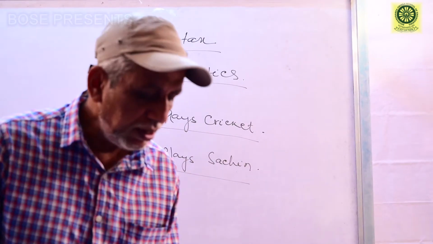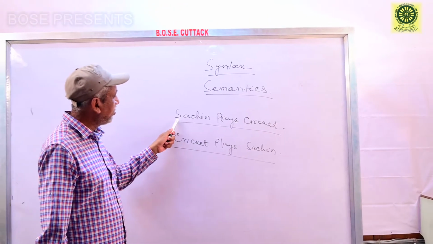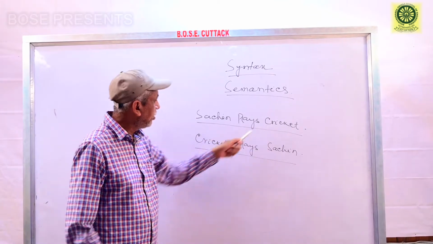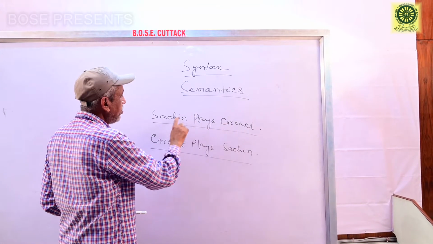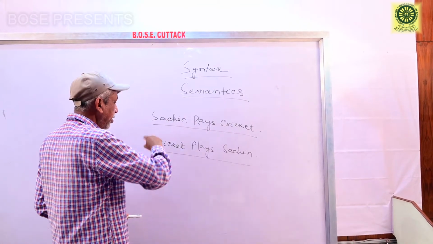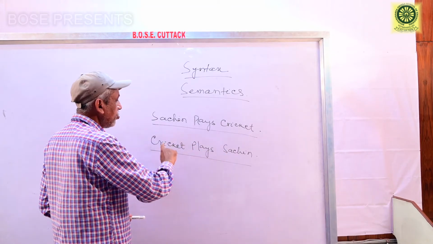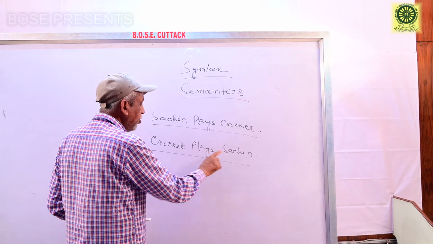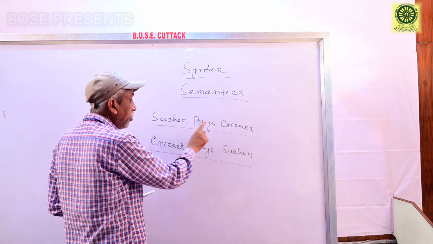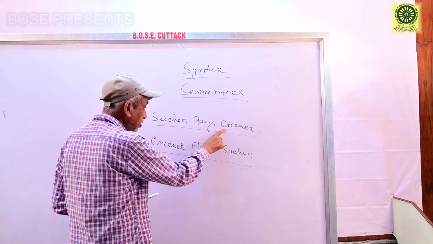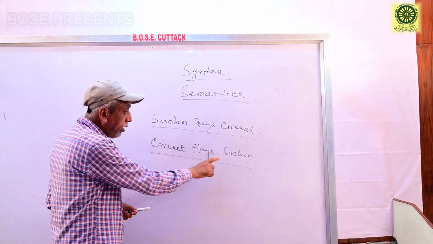In these two statements, we should first think of this. Sachin plays cricket is grammatically correct, that means syntactically correct. And Cricket plays Sachin is also syntactically or grammatically correct. But Sachin plays cricket has a particular meaning, it has logic. In the case of Cricket plays Sachin, it has no meaning at all.